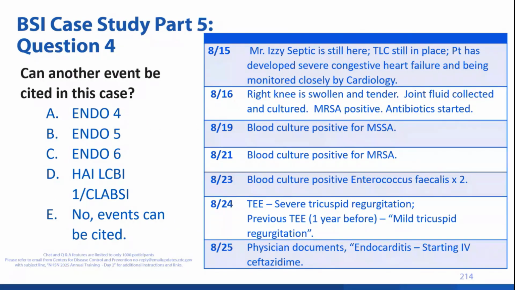Can another event be cited in this case? A, endo 4, B, endo 5, C, endo 6, D, HAI, LCBI 1, CLABSI, E, no events can be cited.